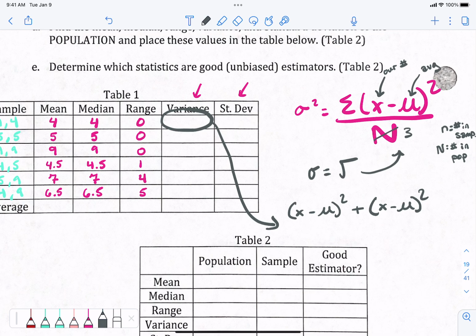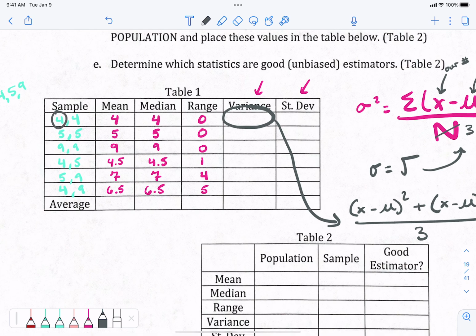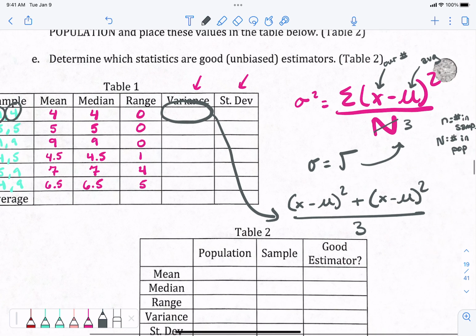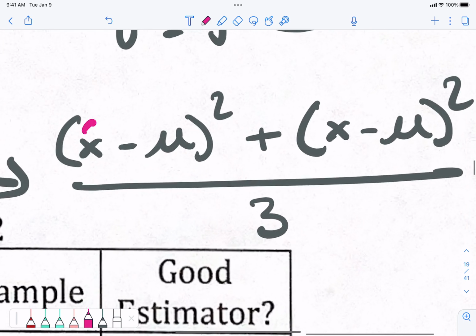There are only 2 values in my sample. The sample numbers are 4 and 4. Therefore, we only have 2 numbers to add together. My first x is 4, my second x is 4, because we're doing the 4, 4 sample. If we were doing 4 and 5, or 4 and 9, it would be those numbers.